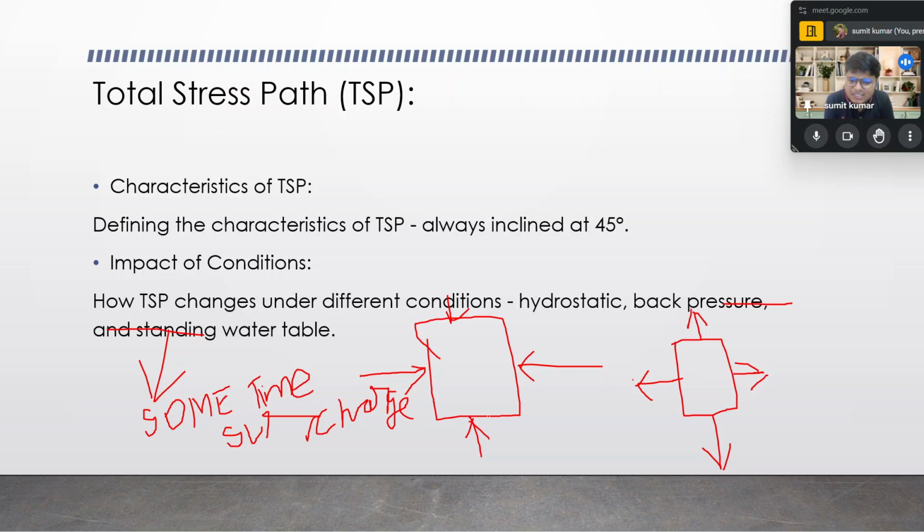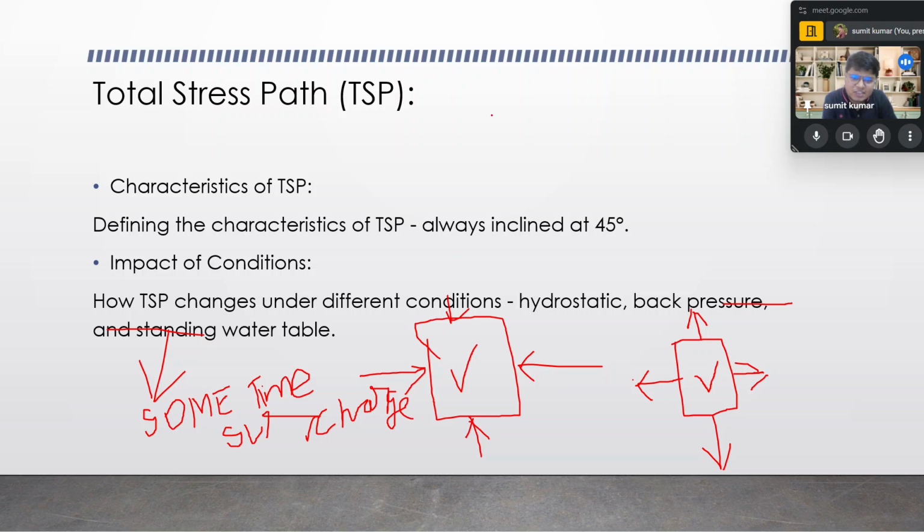Sometimes you can see the hydrostatic condition or the surcharge may also be applied. The hydrostatic condition is one in which either tensile stress is applied from all directions, or compressive stress is applied in all directions.